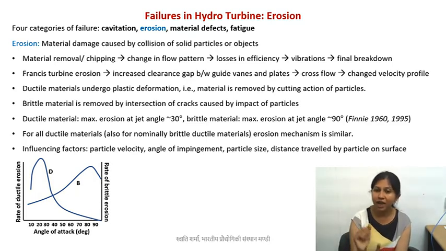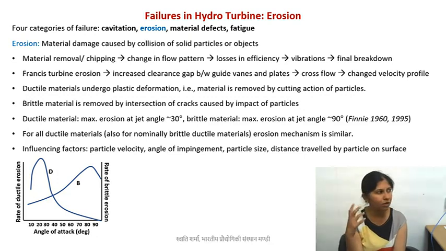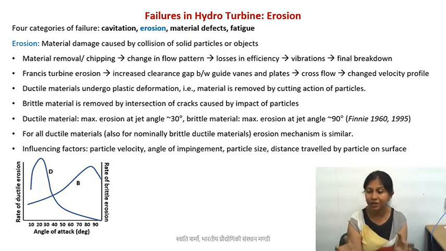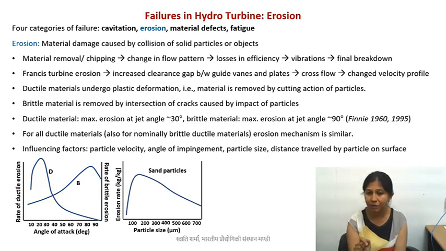So now let us talk about the particle size. If you think about it, it's very trivial that if you hit something with a smaller particle or a bigger particle, the effect is going to be different. But let's talk about sand particles, particularly in the context of hydroturbines. Let's say there are sediments mixed into the water and they are hitting your turbine blade.